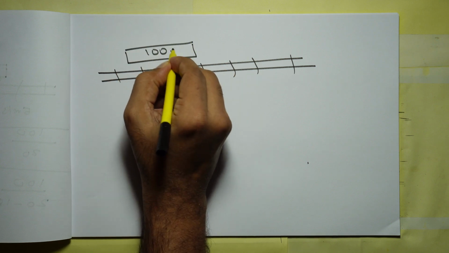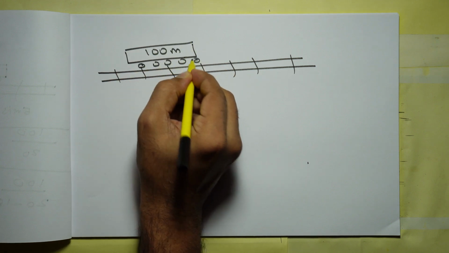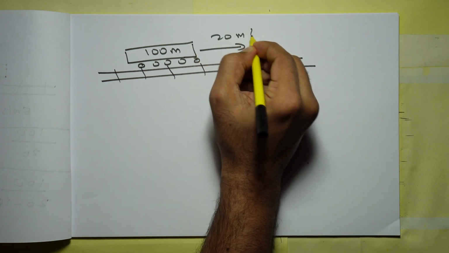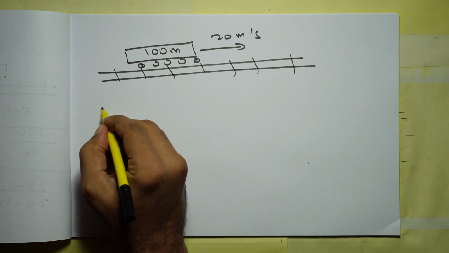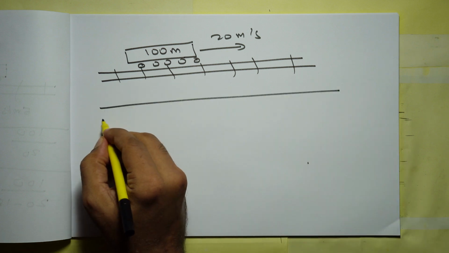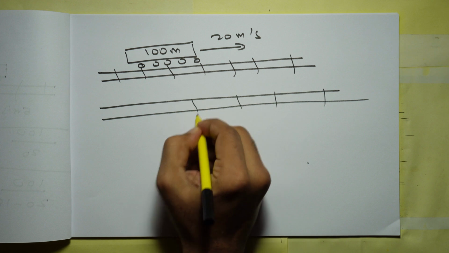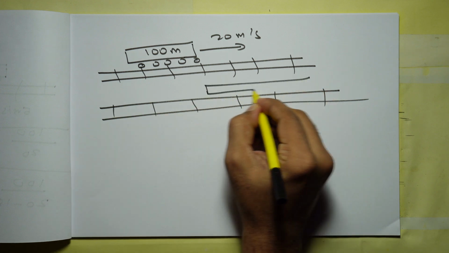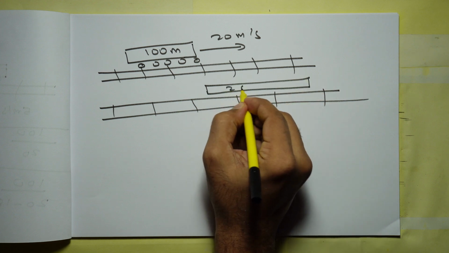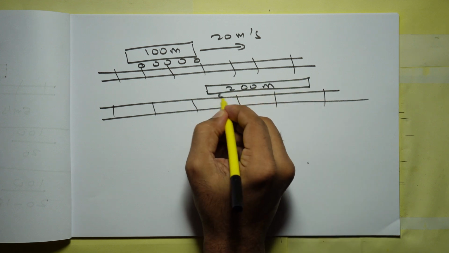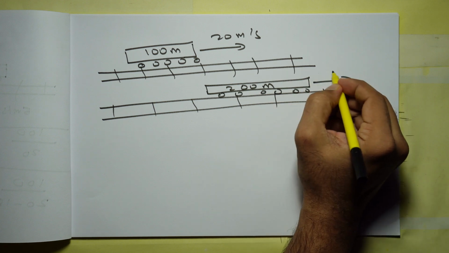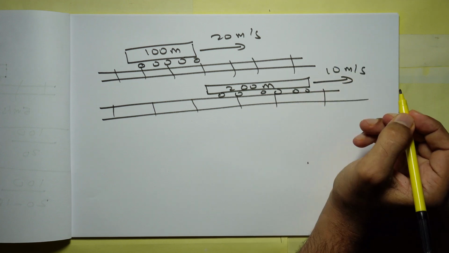This is 100 meters long, moving on this railway track at let us say 20 meters per second. Now there is another railway track here, a parallel railway track. Now there is another train here. Now this train is slightly longer. It is 200 meters long, moving in the same direction, and its speed is, let us say, 10 meters per second.